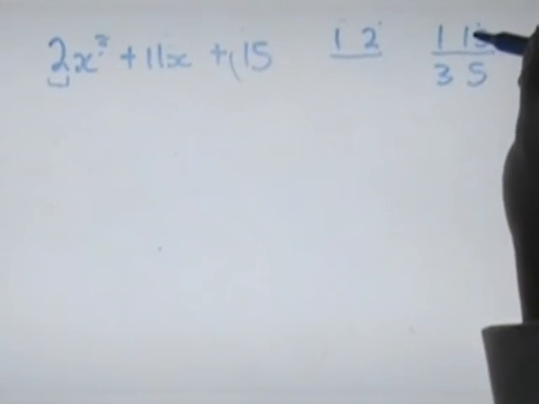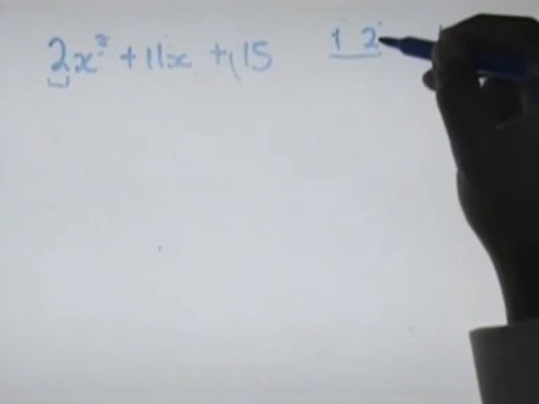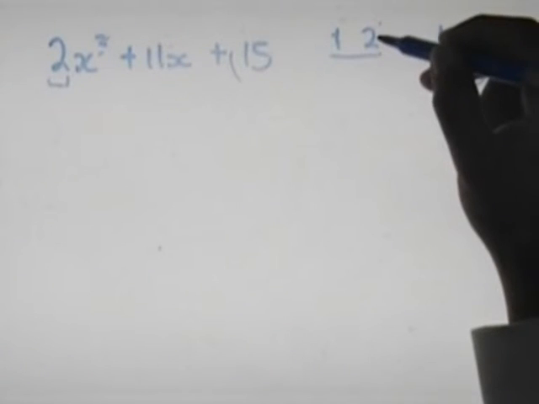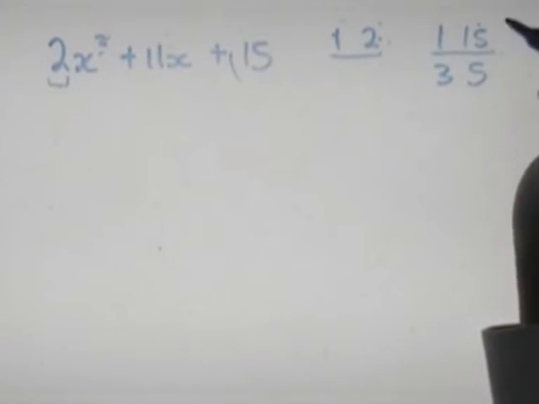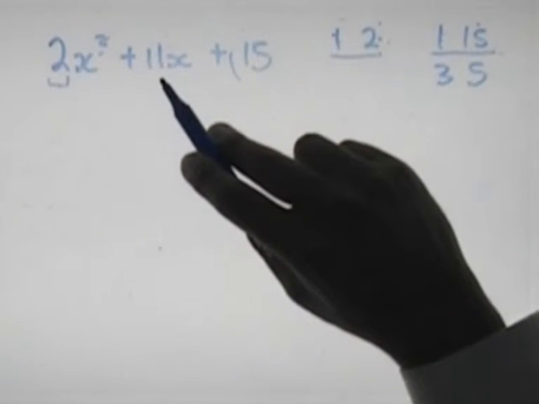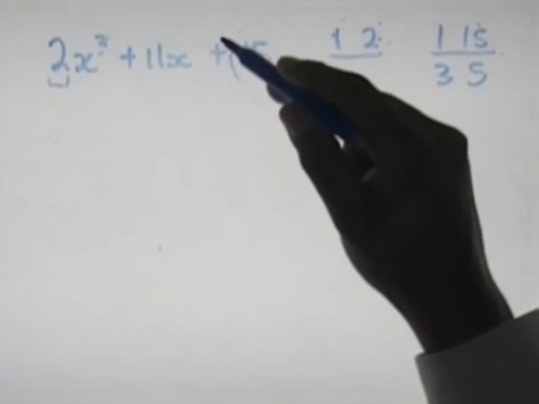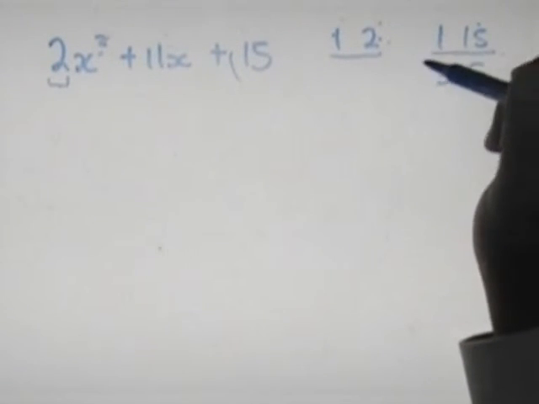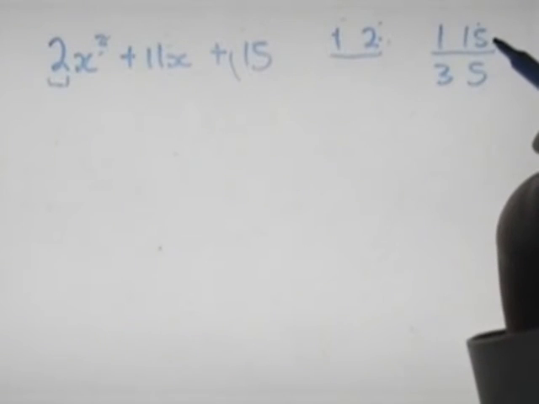What if I use 15 times 1 and 2 times 1? 15 times 1 is 15, 2 times 1 is 2, 15 minus 2 gets us close, gets us to 13, except it's going to be negative 15, but that's not the answer. We are looking for positive 11x.